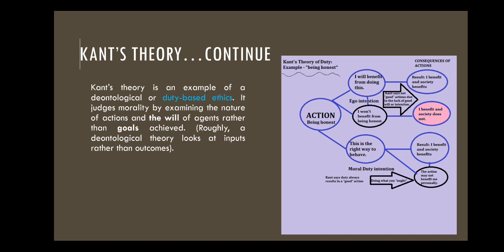It means that according to Kant, people do things because they think it is the right thing to do, and they are not considering the outcomes or consequences of what they are doing.